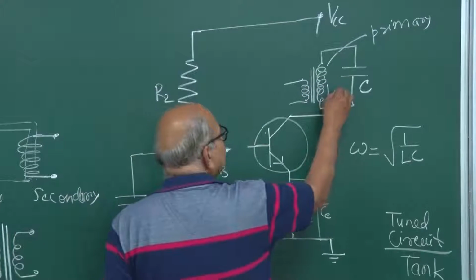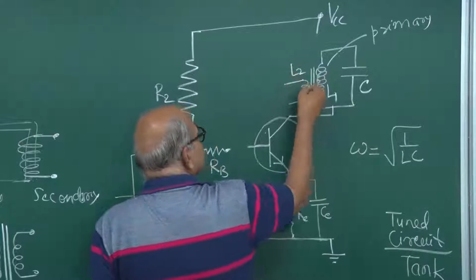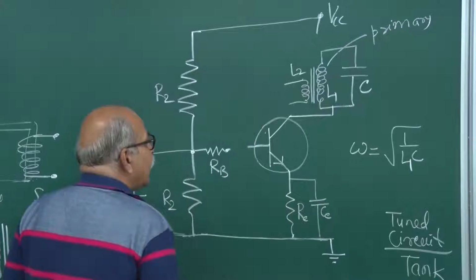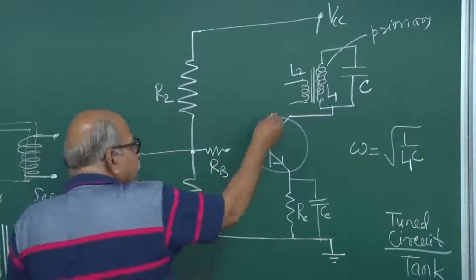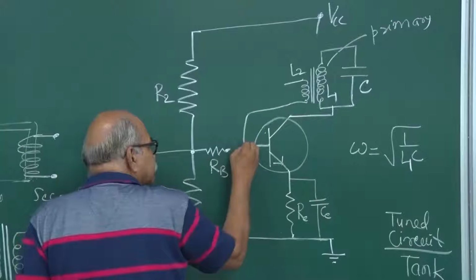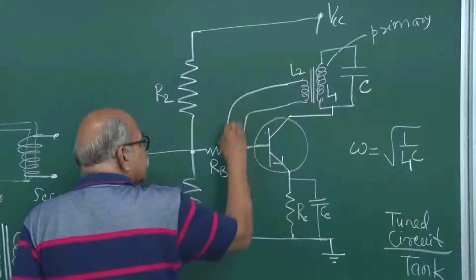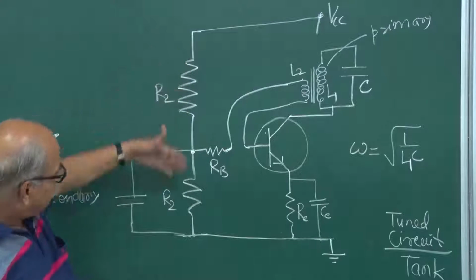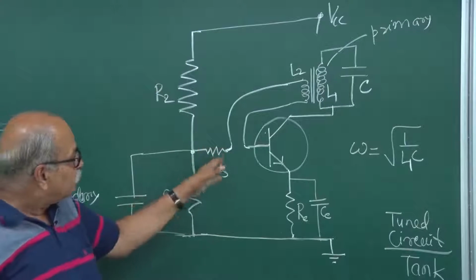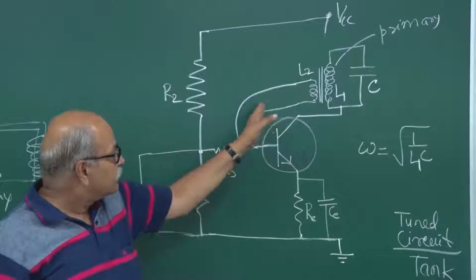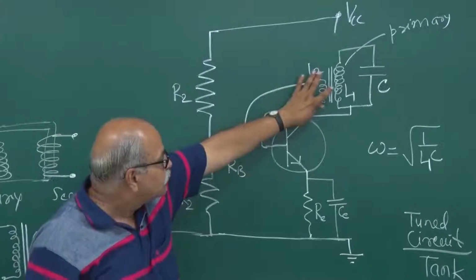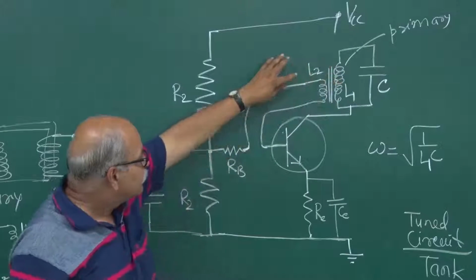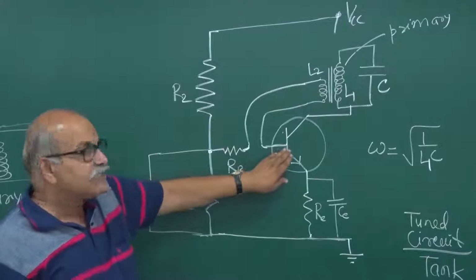If you call this L1, this is L2, so it is coupled to this secondary, and this we are bringing back here. So whatever was going through this biasing to the base, in the path we have connected this. So part of this output, this amplified thing which is generated, is taken into this base circuit.